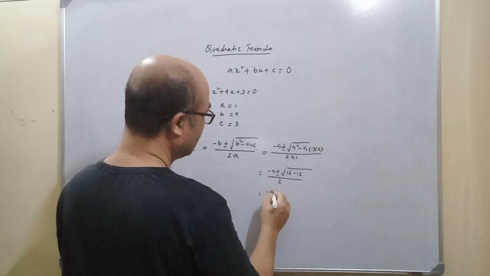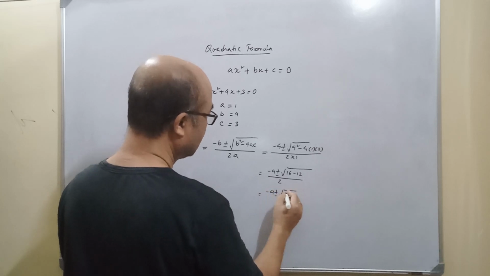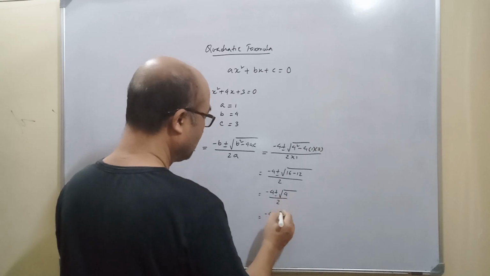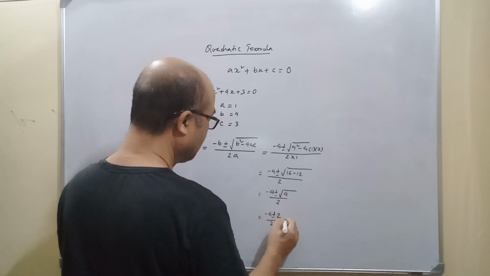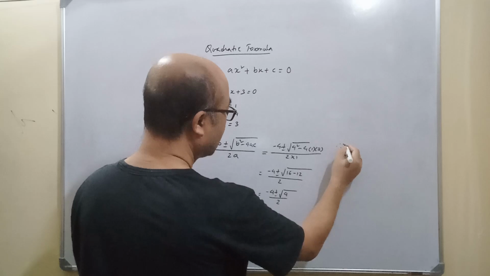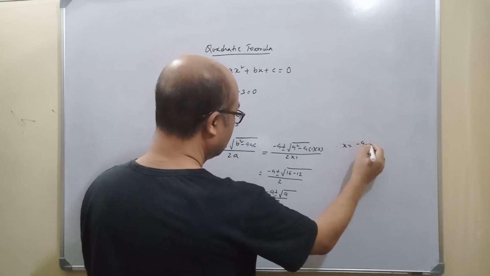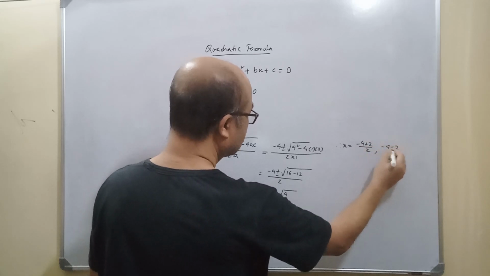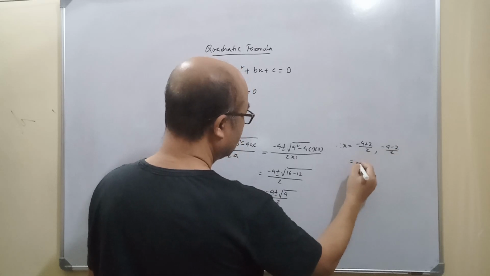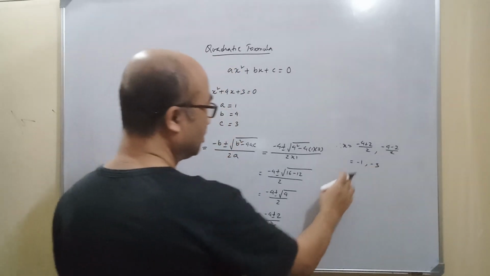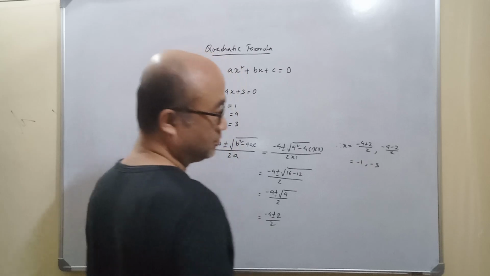This is equal to minus 4 plus minus square root of 4, which is 2. Hence x is equal to (minus 4 plus 2) by 2 or (minus 4 minus 2) by 2, which is equal to minus 1 or minus 3. So x is either equal to minus 1 or minus 3.